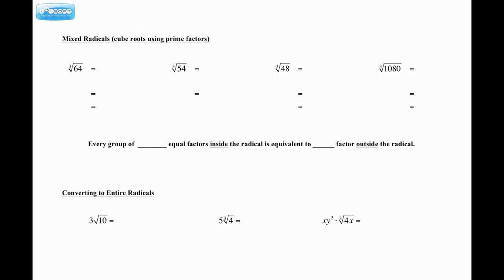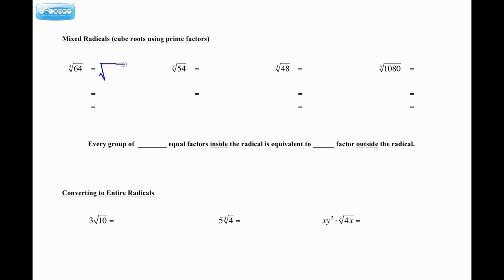Moving on, mixed radicals, but instead we're looking at cube roots. We're going to use the same method. So the cube root of 64. Hopefully you know that 64 is actually a perfect cube already. So the answer is already 4. It's not an irrational number, but I'm just going to demonstrate the process anyway.